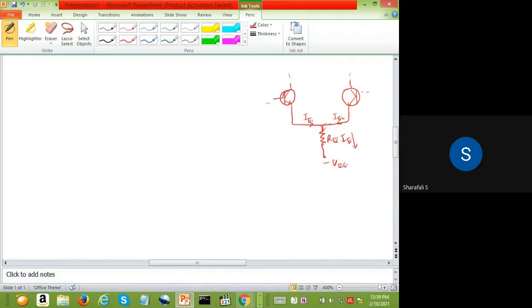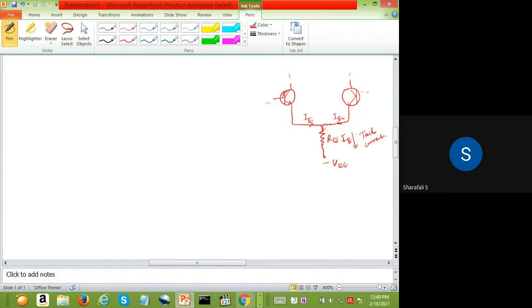This IE should be constant, and this is also called the tail current. So we can put it as IT also. Tail current, the tail current is IT.